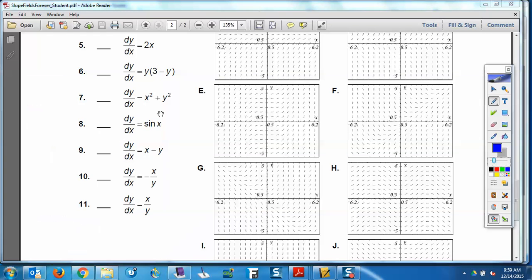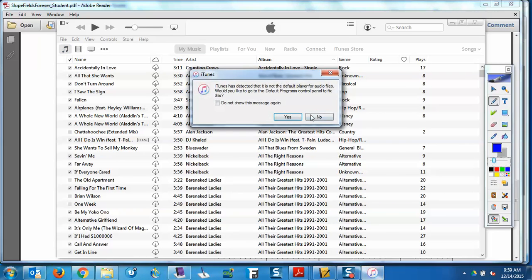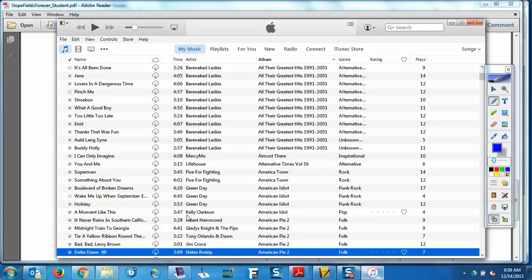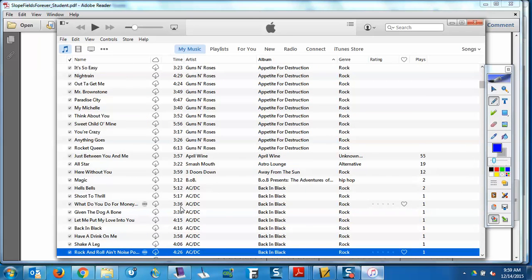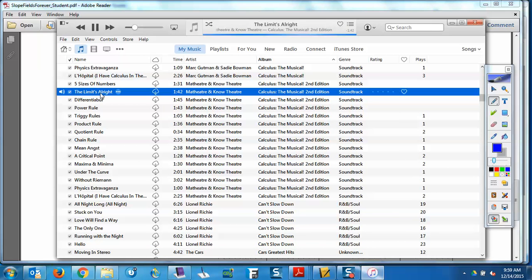Here, let's play it real quick. Which one? The limit one? That was better. Lionel Richie. Don't be saying anything bad about Lionel Richie.